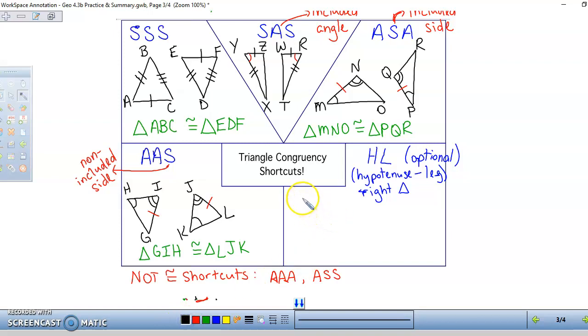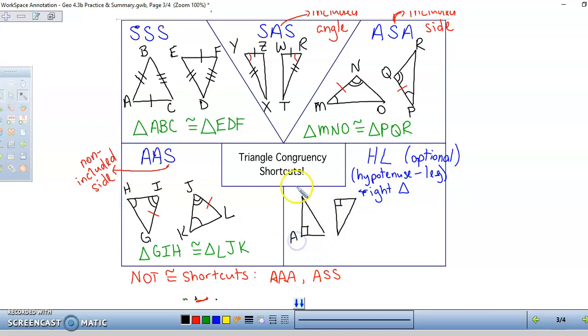So my pictures need to reflect that. On my picture, I need to have a right triangle, and then maybe I'll do this one upside down. But it also needs to be a right triangle.